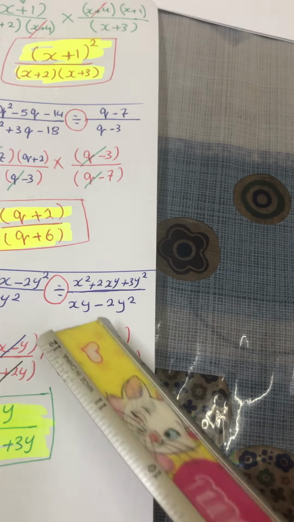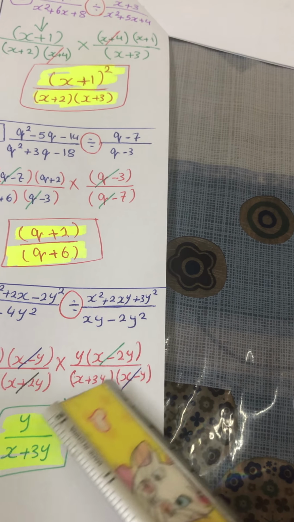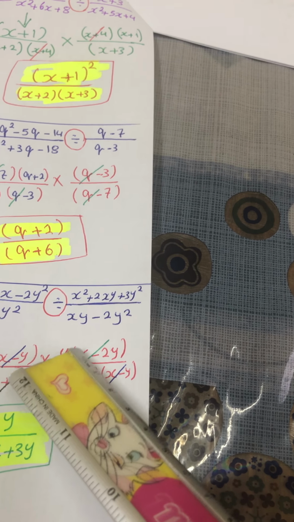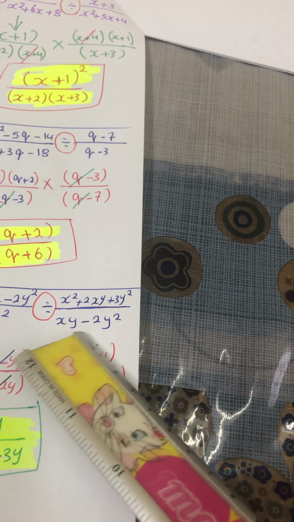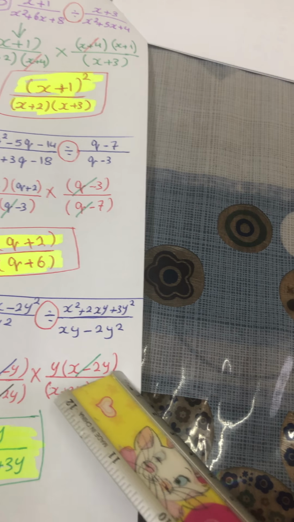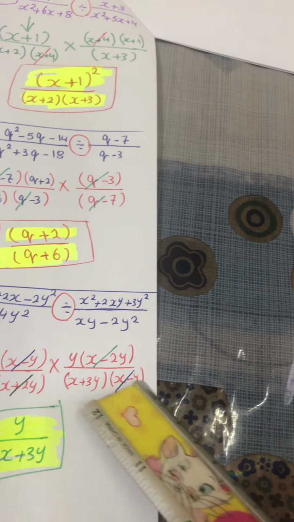Very nice problem. And here I'll take the flip in the beginning and take y as a common factor here, and then y divided by y equals x, negative 2y squared divided by y equals negative 2y, over the factors of these 3 terms.